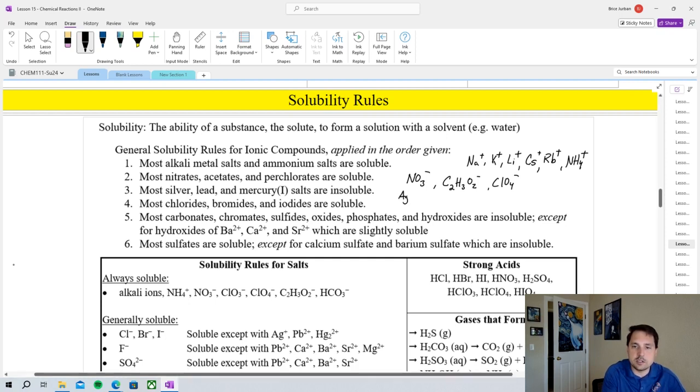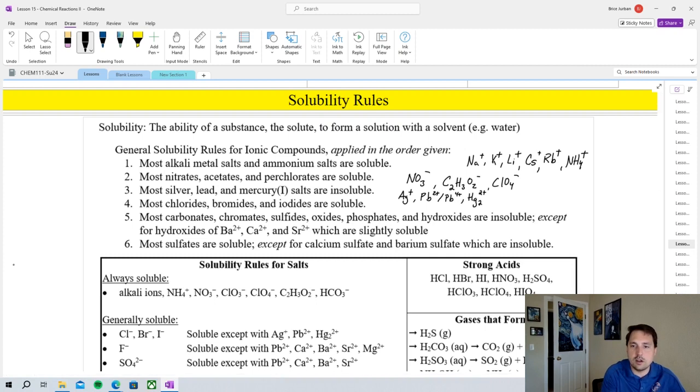So silver is Ag+, lead is either 2+ or 4+, and then mercury 1 is, remember, a diatomic ion. Interestingly, it would look like Hg2 with a 2+ charge. So these salts are insoluble, and they'll come out of solution as a solid.